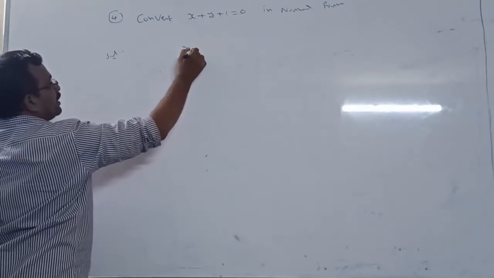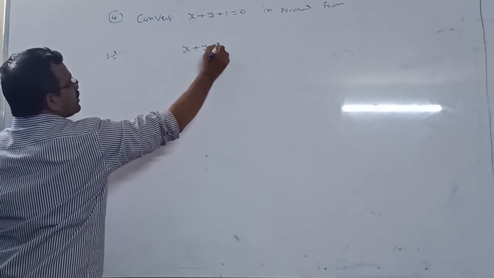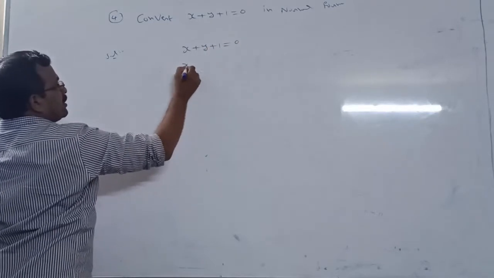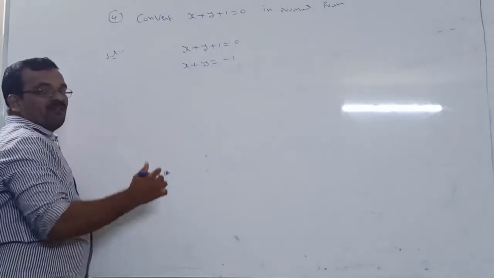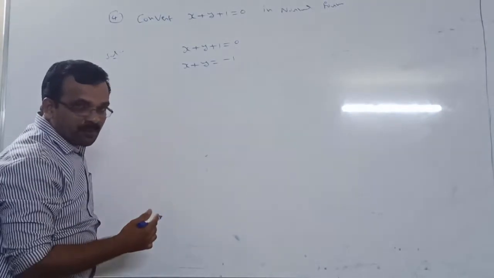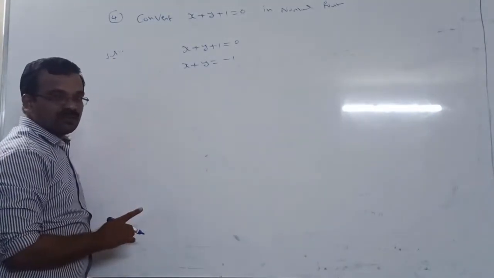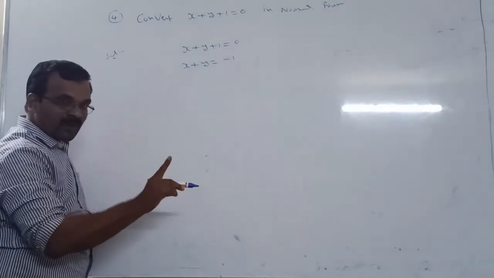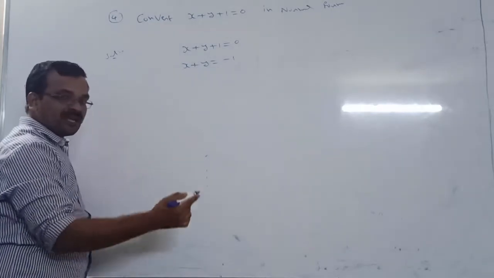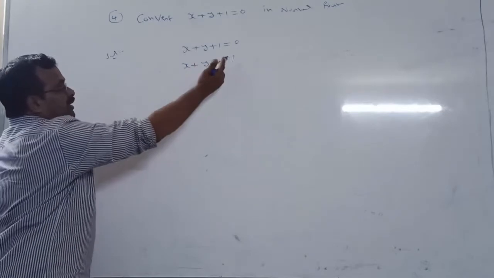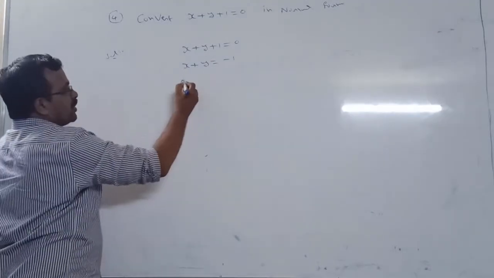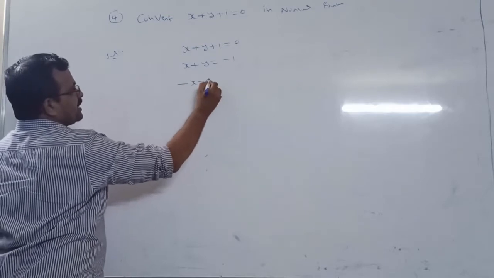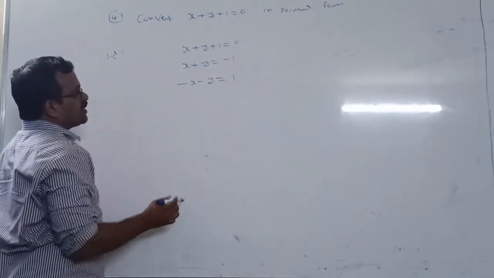Here x plus y plus 1 equal to 0, x plus y equal to minus 1. When the right side value is p, that is always positive. P denotes the length of the perpendicular from the origin to the line. That's why the constant should always be positive on the right side. So obviously we should change the signs: minus x minus y equal to plus 1.